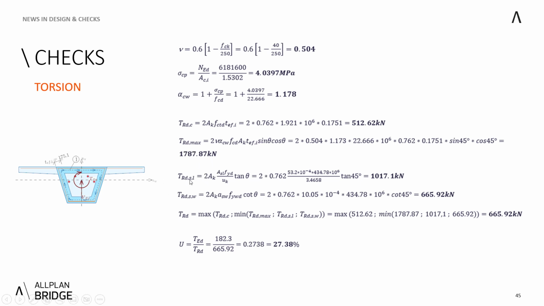First one being the longitudinal reinforcement and its resistance, which is about 1000 kilonewton meters, and the second one being the resistance of the stirrups, and the minimal of those tells you what is the actual resistance of the section. In this case, it would be 665.92. So you can see that the resistance of the stirrups is the limit which you need to play with if the load was higher. And it results into the utilization of 27.4%.